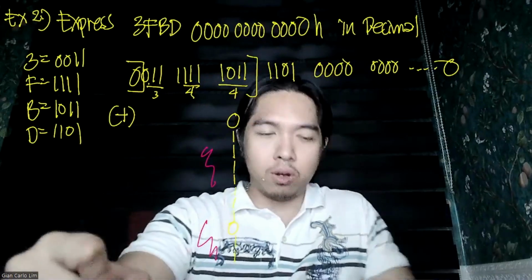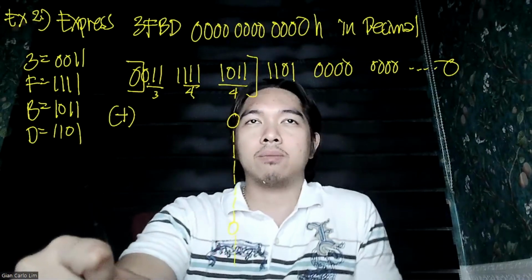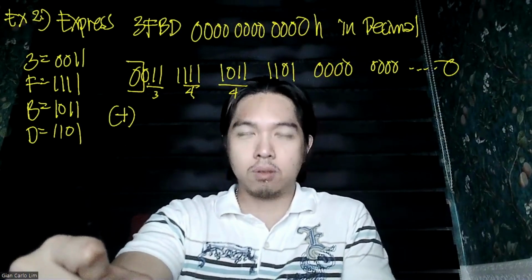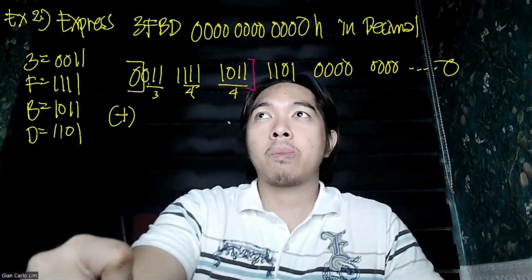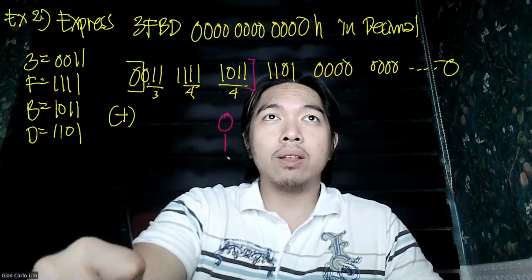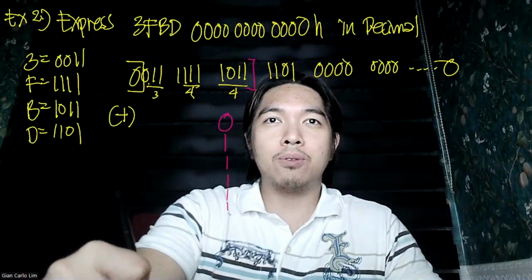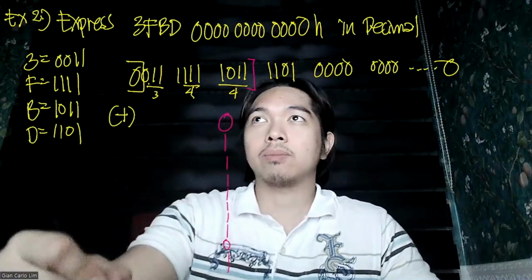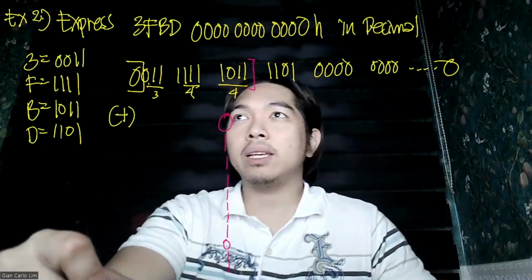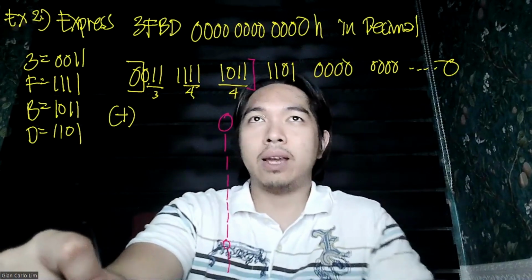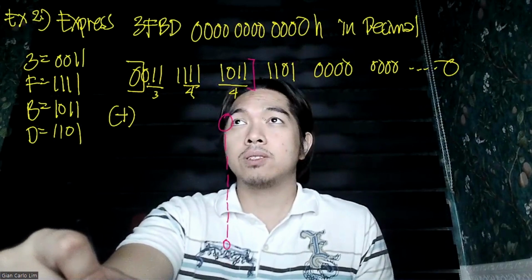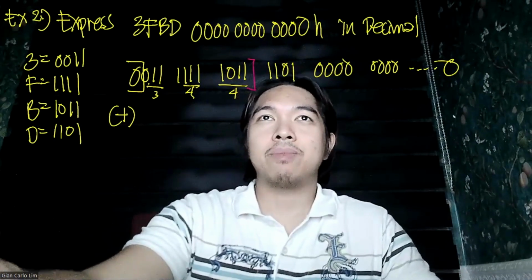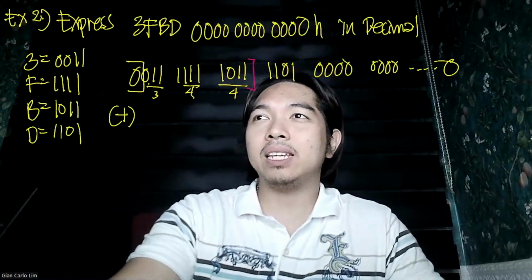Okay, so I'll just use red. 0, 1, 1, 1, 1, 1, 1, 1, 0, 1, 1. Okay. Hindi rin kita. Anyways. So, maybe I'll just write it here. Para mas makita nyo.